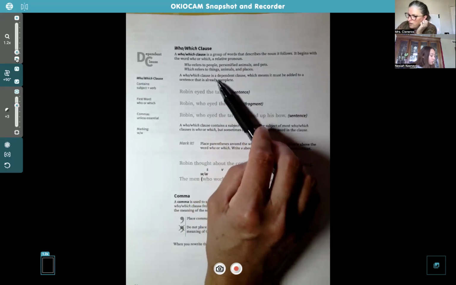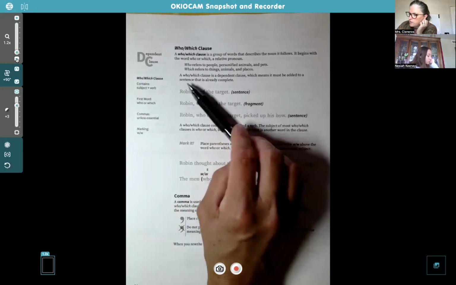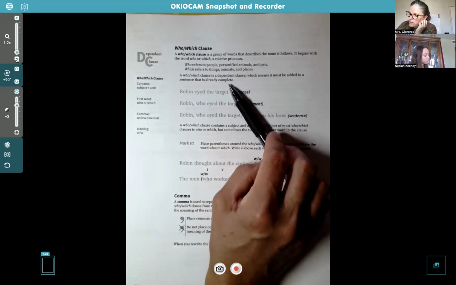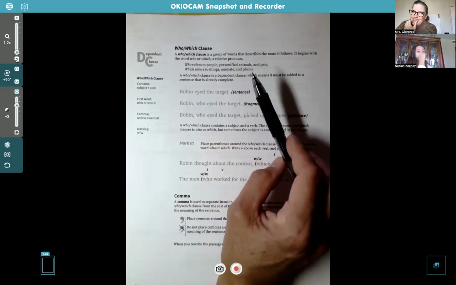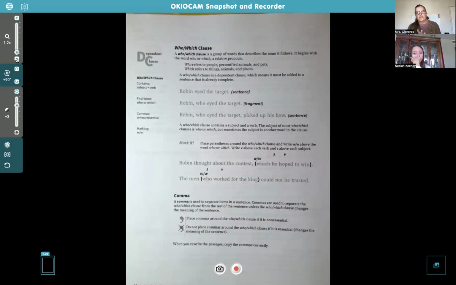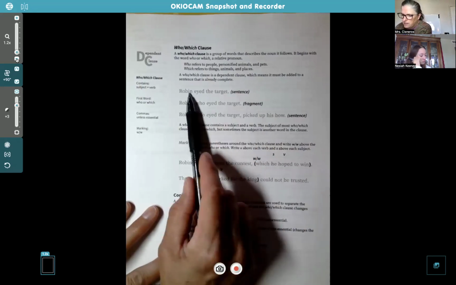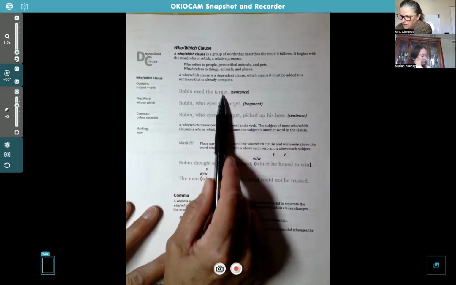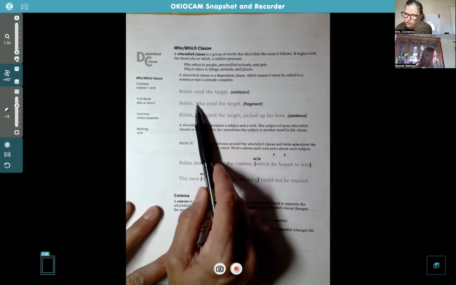The who which clause is a dependent clause, which means it must be added to a sentence that is already complete. And that's why sometimes when we get to the part where we're writing and we're using our checklist and it's on there, sometimes I like to go back and find a sentence to add a who clause, because it goes on a sentence that's actually already complete. So here we've got a sentence, Robin eyed the target. This is a fragment. We can't just put who in there.